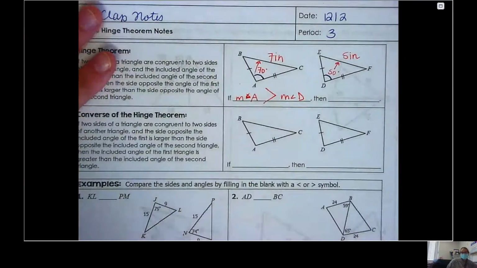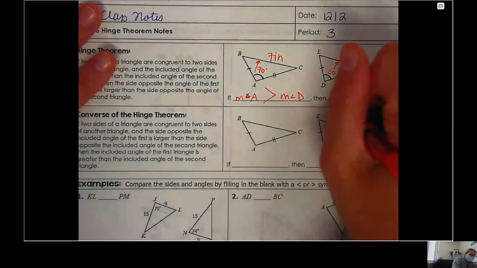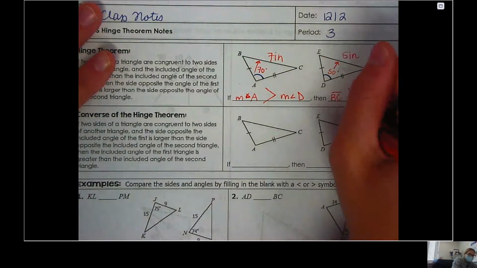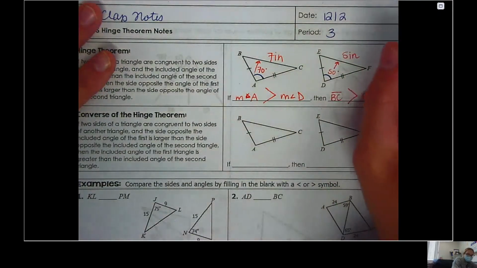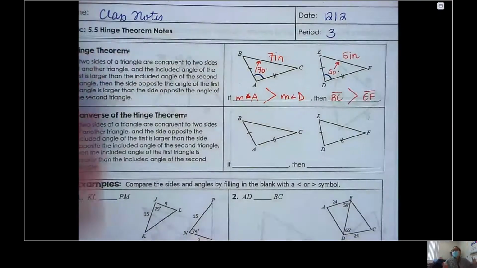It's an angle. If the measure of angle A is bigger than the measure of angle D, then side BC is bigger than side EF. It's greater. It's a bigger triangle. That's the whole theorem.